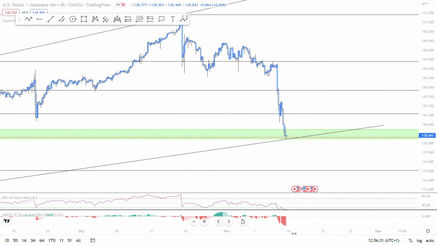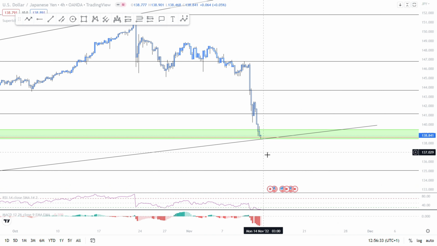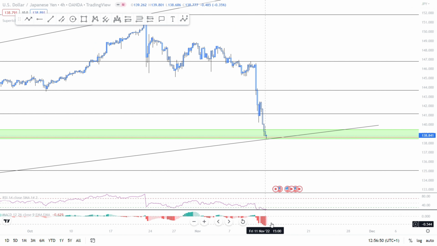It may turn into a hammerhead. We'll see what happens on Monday, but market is closed right now. It's Saturday in South African time. It's like 12 o'clock, going for 1. It's actually going for 2 o'clock. I need to change that. But anyway, so we can see here that it's created a little bit of a hammerhead. I'm going to call it a dragonfly doji. Okay, and we can see that market is definitely still oversold.